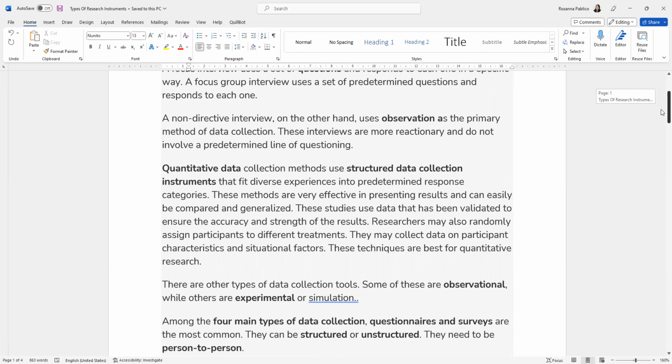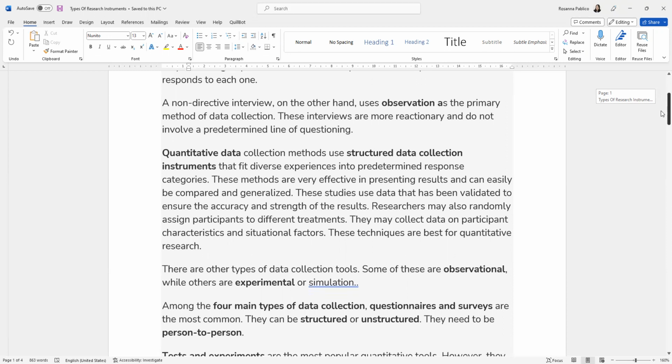These studies use data that has been validated to ensure the accuracy and strength of the result. That's why, no, kapag sa quantitative research design, mas maganda yung gagamitin mo are structured data collection instruments na na-validate, no? Content validation, face validation, and other validation.